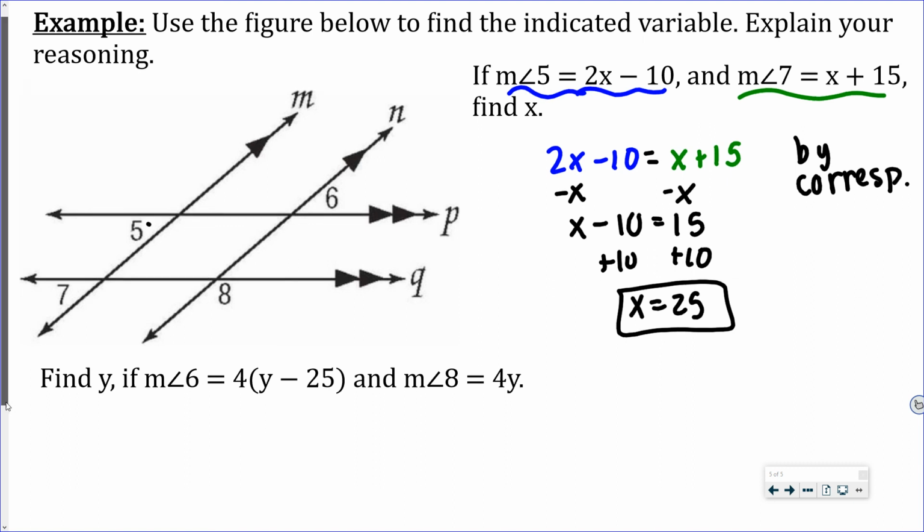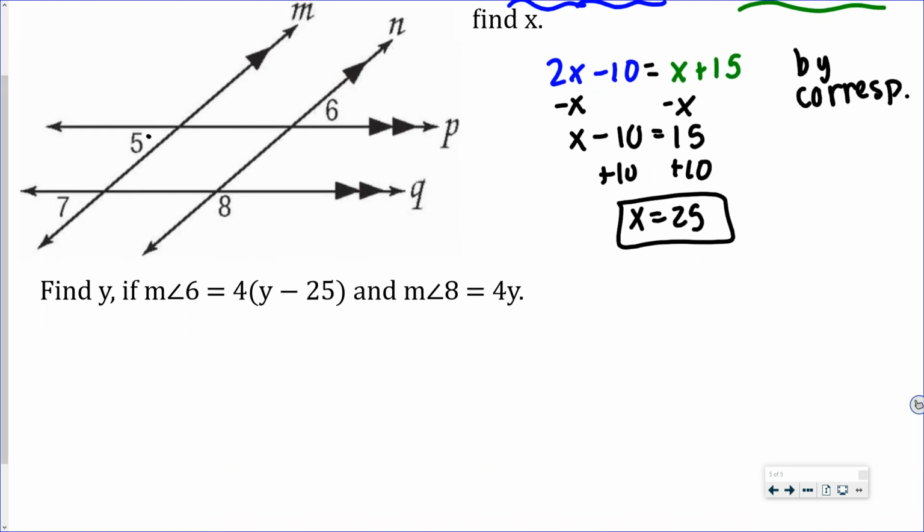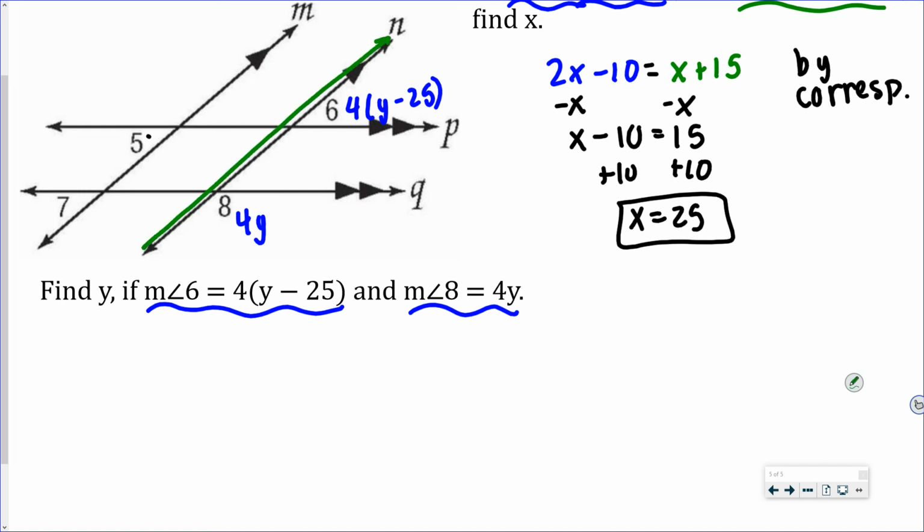Last one. Let's try to squeeze it in. Measure of angle 6 is 4 times y minus 25. Angle 8 is 4y. All right. Their transversal is this one. So they're both exterior. Are they alternate or same side?